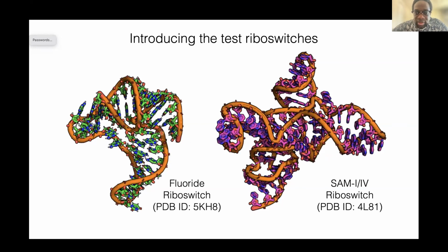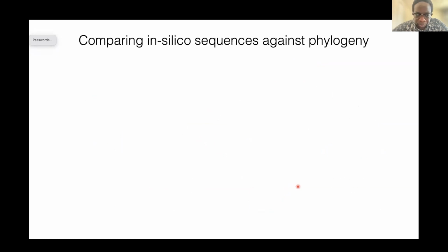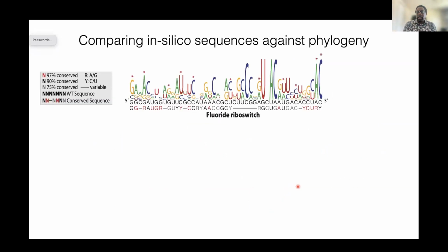So what we did is generate sequence designs that are consistent with the secondary structure in these two test RNAs. We then created a web logo to capture the sequence variation at each position in our designs.